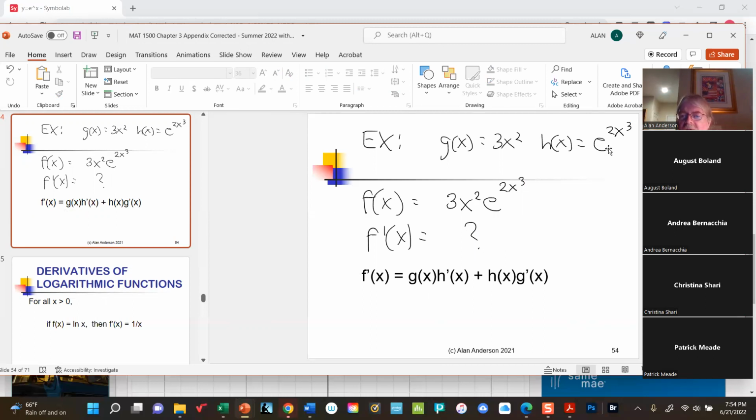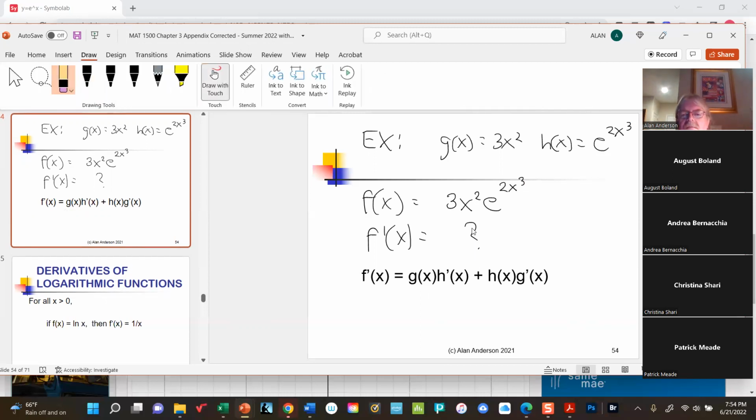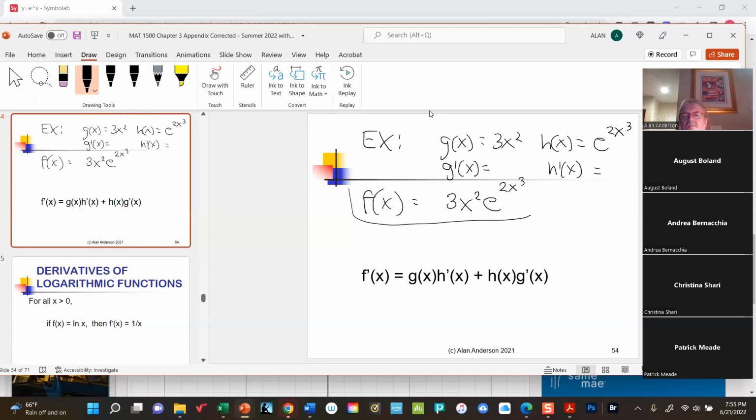So the only really challenging one is the h prime of x, because that involves the chain rule. The first one is very straightforward.